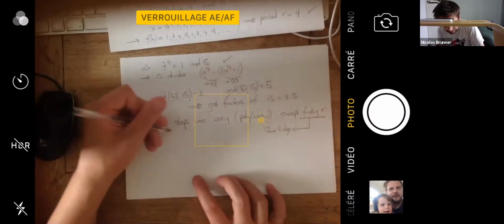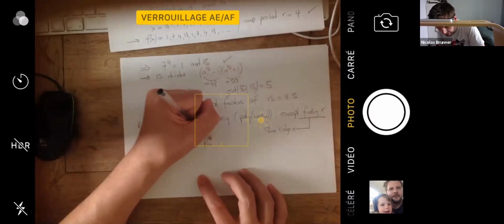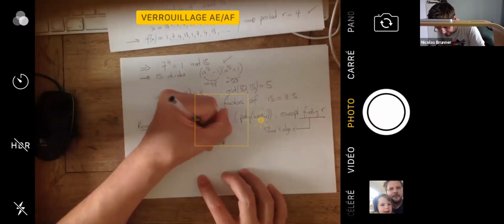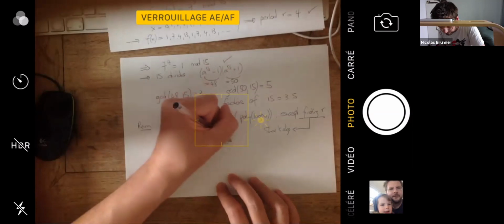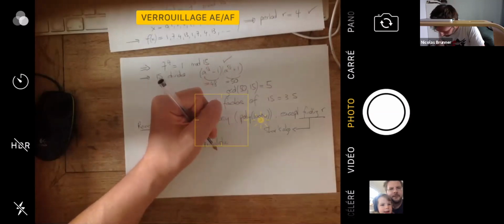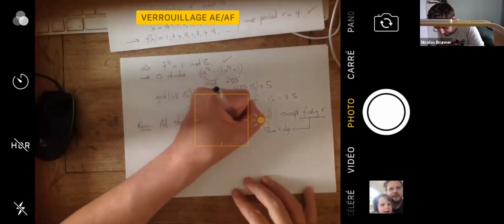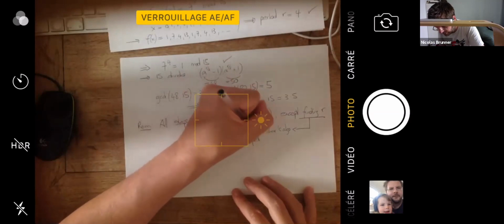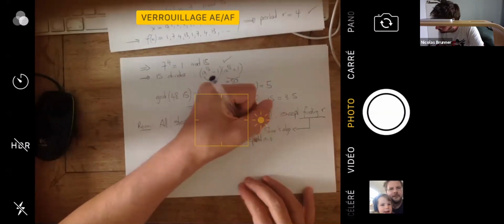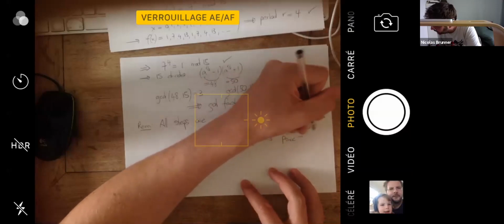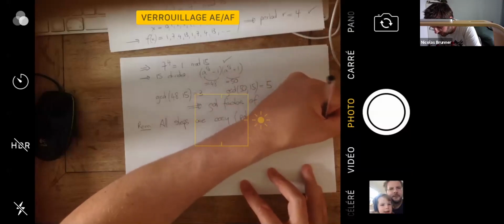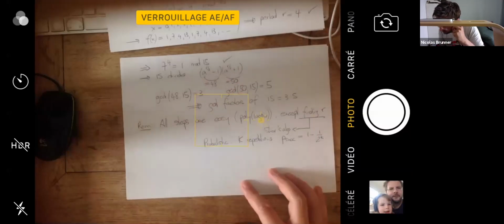And this is a probabilistic algorithm, so we are going to do k repetitions, where the probability of success is equal to 1 minus 1 over 2 to the k.